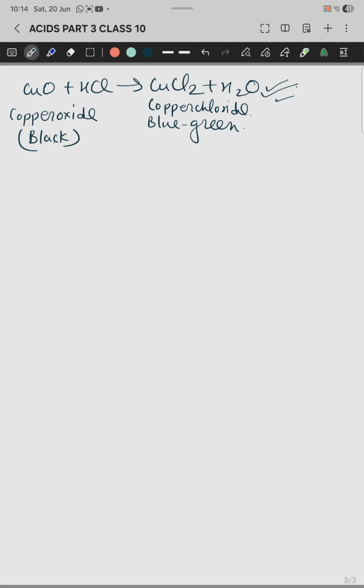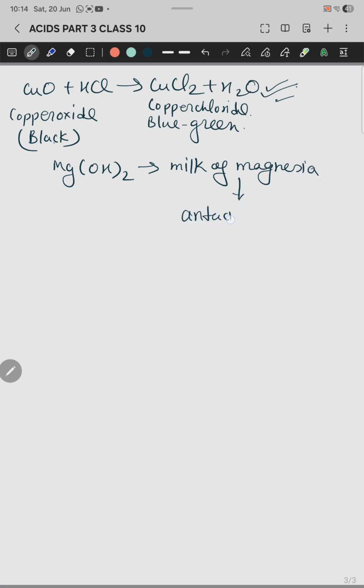Just as an example, Mg(OH)2 is milk of magnesia, and milk of magnesia is known as an antacid. And antacid means which is just used to remove indigestion. I'm writing here, used to remove indigestion. So this is the meaning of that one.